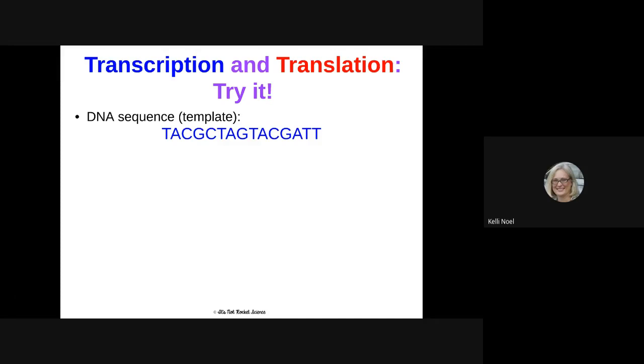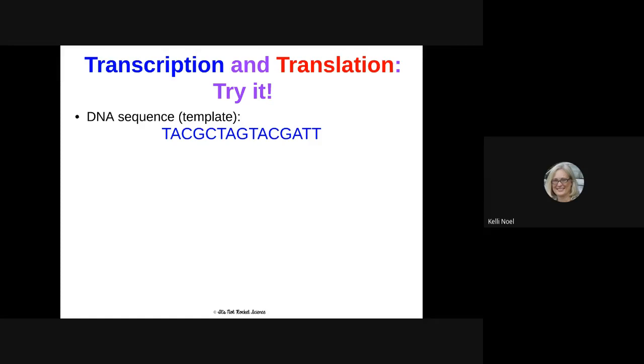All right, so first you have to get the mRNA. So on your paper, let me write with my finger. If I want the mRNA, what will T pair up with? A, yes. And I like to do a little line.